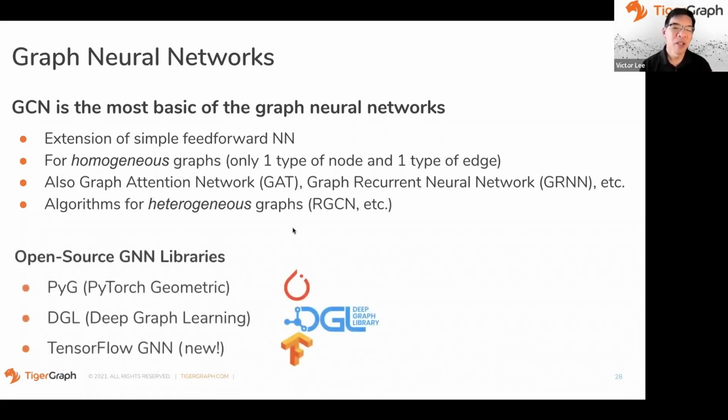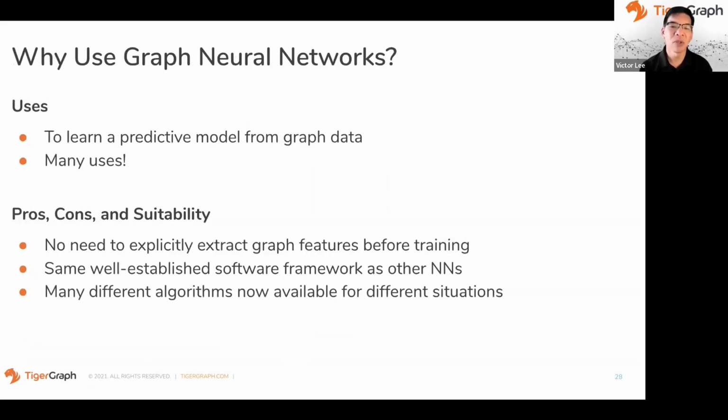And what's better, there are now 3 major open source GNN libraries. PyTorch has one, TensorFlow just introduced one, and there's one, DGL, Deep Graph Library, which is just for graph. And so you have several choices for open source libraries, all in Python, of course.